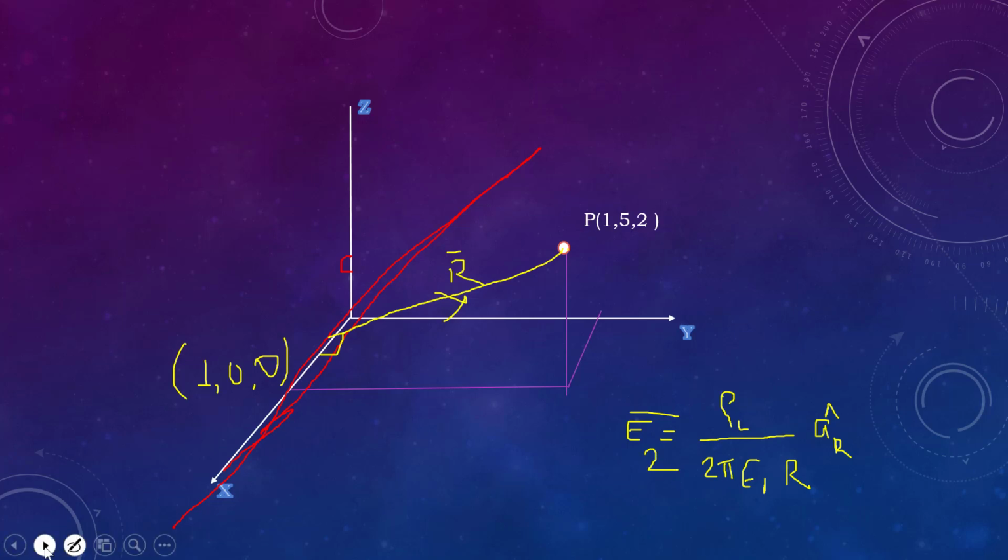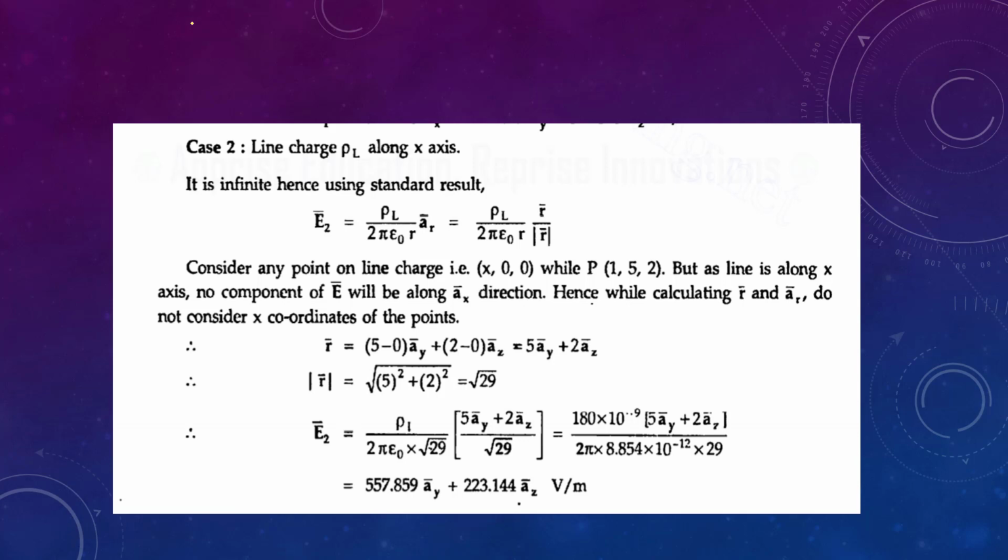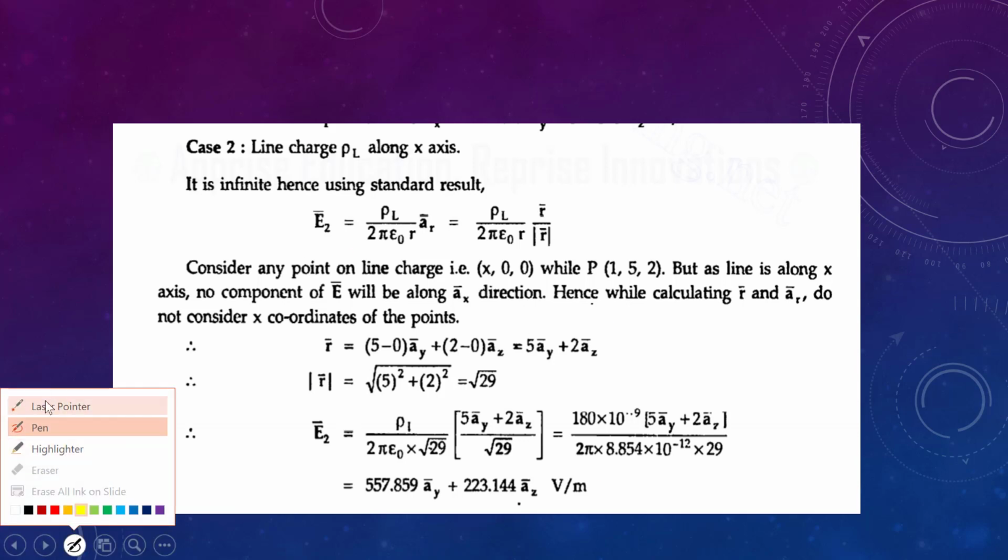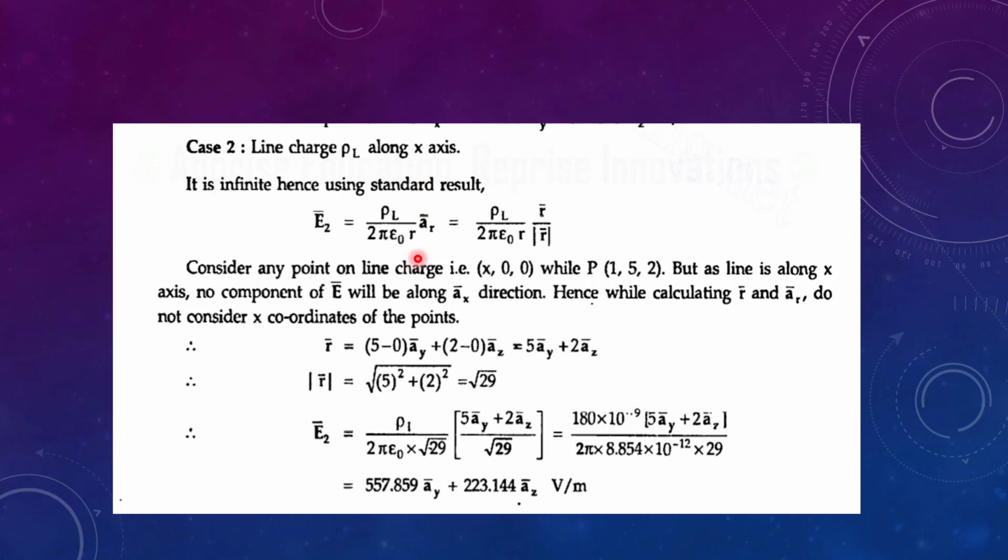Okay, so in the next slide it is shown as case 2. So in case 2, E2 is given as E2 is equal to rho L divided by 2 pi epsilon naught r into AR cap. So AR cap is nothing but the vector r bar divided by magnitude of r bar. Now consider point P is on x-axis, so the foot of the perpendicular will be 1, 0, 0, and the point where we want to find out intensity is 1, 5, 2.